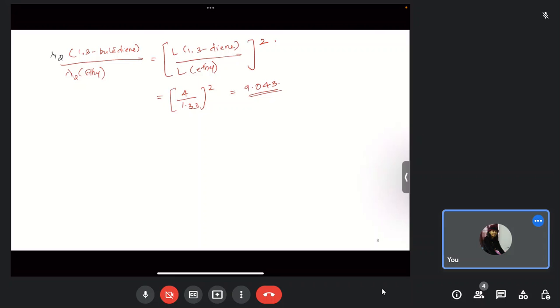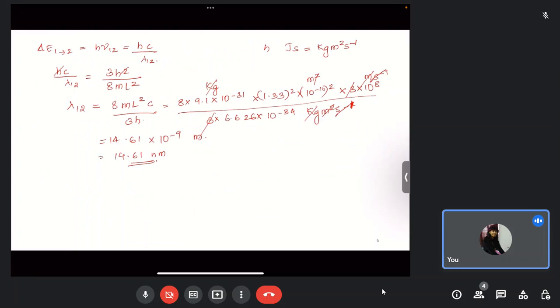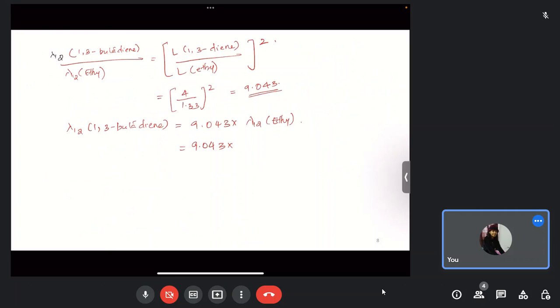Now we have to find what is lambda 1 2 of 1,3-butadiene, and it's going to be 9.043 into lambda 1 2 of ethylene. So this is 9.043 and the lambda for ethylene was 14.61.